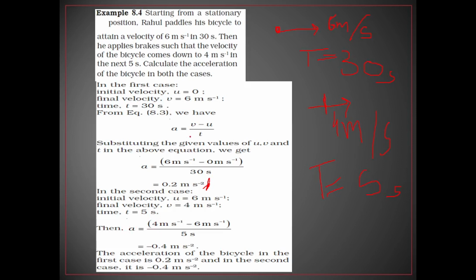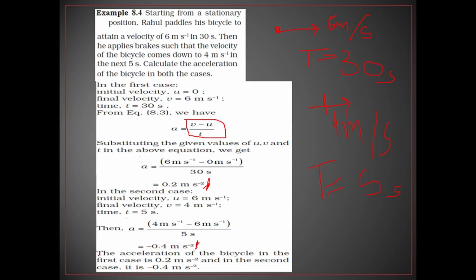The formula is the same, v minus u by t, final velocity minus initial velocity by time. So final velocity is 4 meter per second, initial is 6 meter per second, divided by time is 5. So the answer after dividing you will get is minus 0.4 meter per second square.